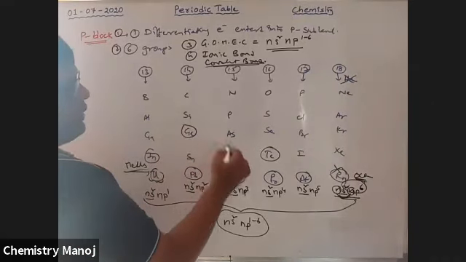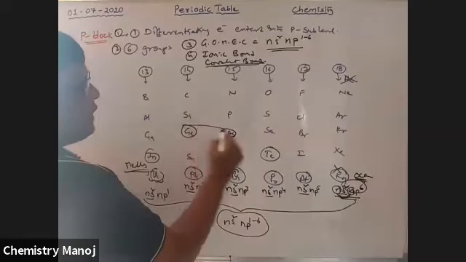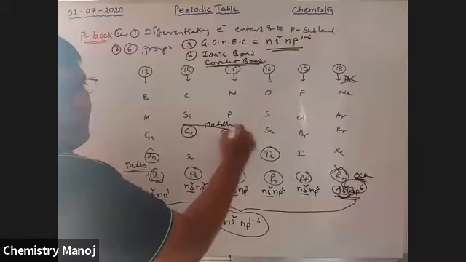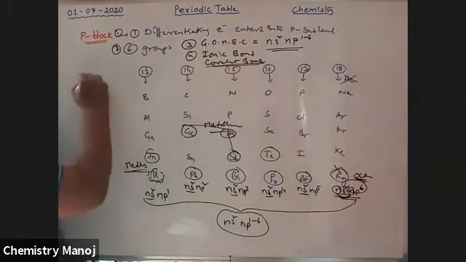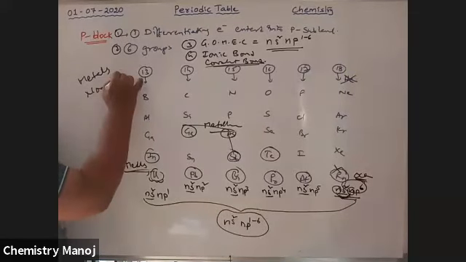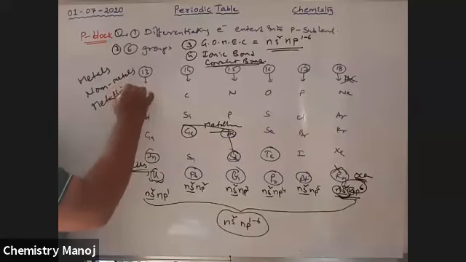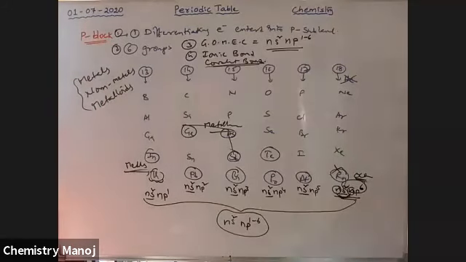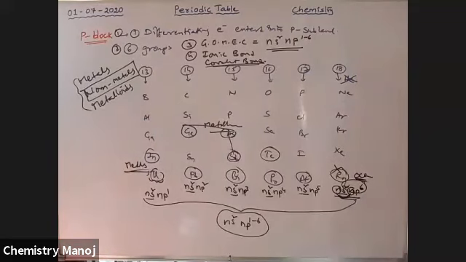Germanium, antimony, arsenic are metalloids. So the P block contains metals, non-metals, and metalloids, all varieties are possible, but mostly non-metals exist.